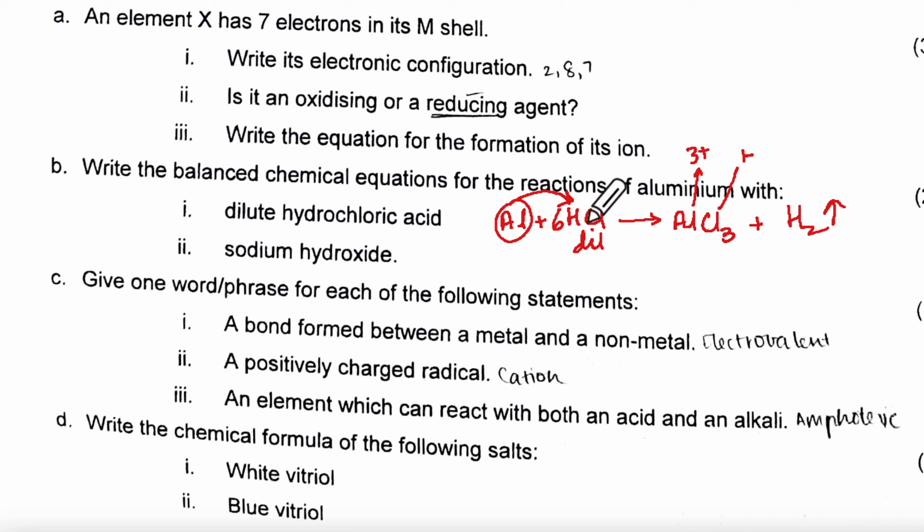So I will have 6H means 3H2 and AlCl3, there are 3 of them. Made a mistake. Where was I? 6 here, and this is how many? Cl2.